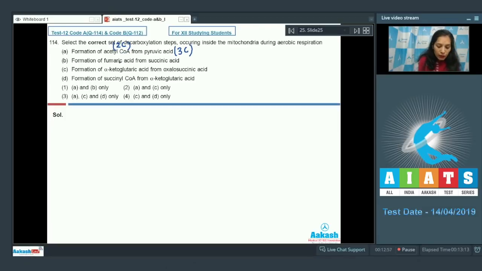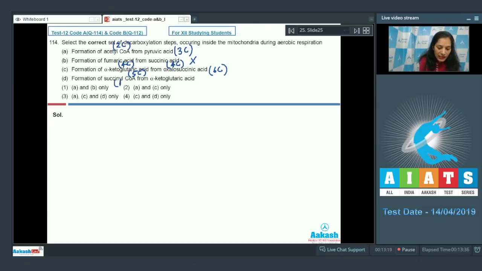See the next one. Fumaric acid is a 4 carbon molecule. Succinic acid is a 4 carbon molecule. Definitely there is no decarboxylation in this step, so this is incorrect. Formation of alpha ketoglutaric acid, a 5 carbon molecule, from oxalosuccinic acid, a 6 carbon molecule: definitely there is a removal of CO2.